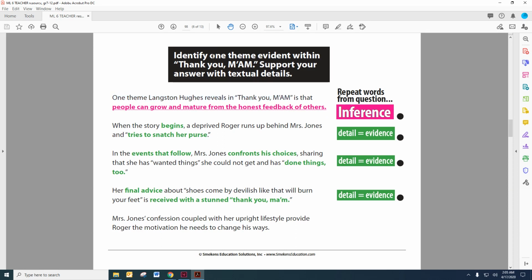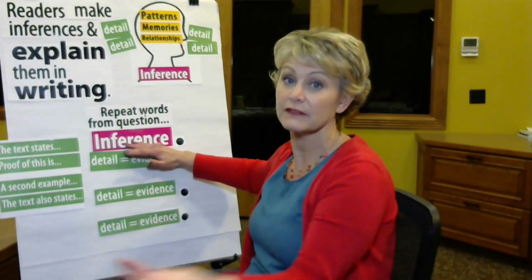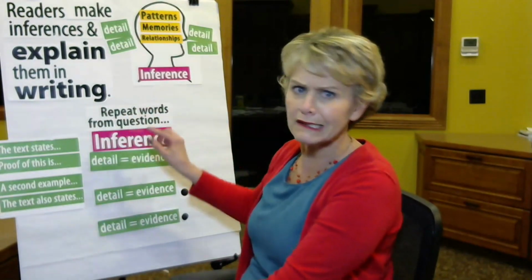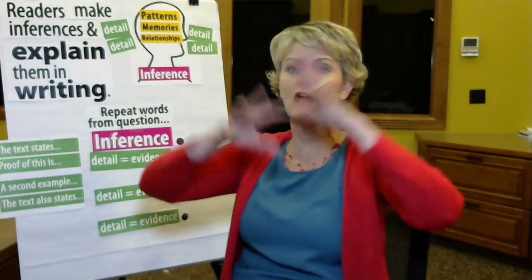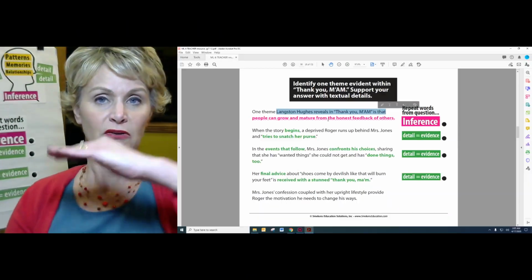Look, identify one theme within "Thank You, Ma'am." So I could just do that, one theme. I could add the author. One thing Langston Hughes reveals in "Thank You, Ma'am" is, boom, now go into your answer. So the first sentence needs to give your answer, in this case the theme, but we need a little context. You don't have to go over the top and give me too many words, but just a little bit.